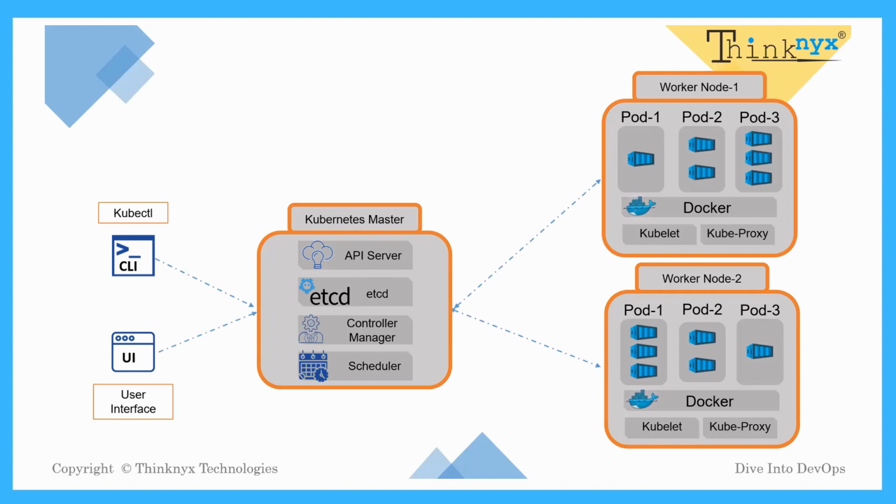But when you talk about installation, out of various controller managers, the node controller manager and replication controller manager are the major ones, which get installed or enabled when we install our Kubernetes master. There are three more which get enabled, but two of them, your node controller manager and replication controller manager, are very, very important.